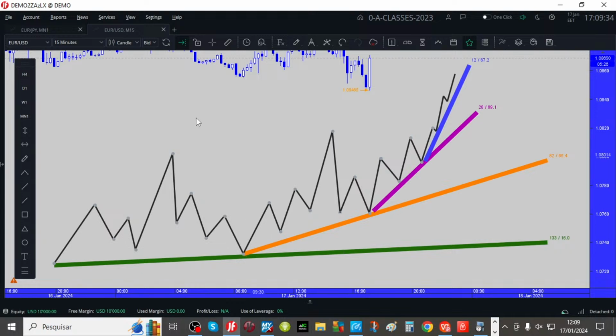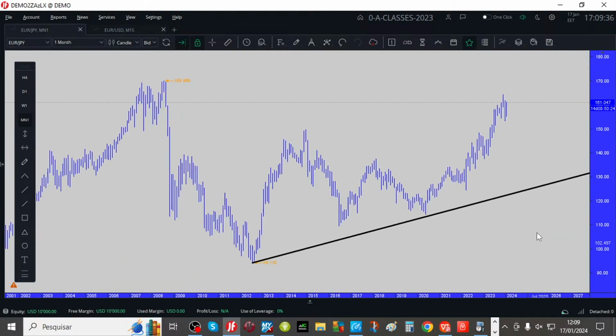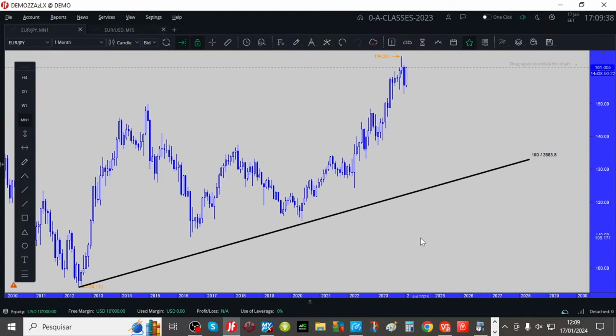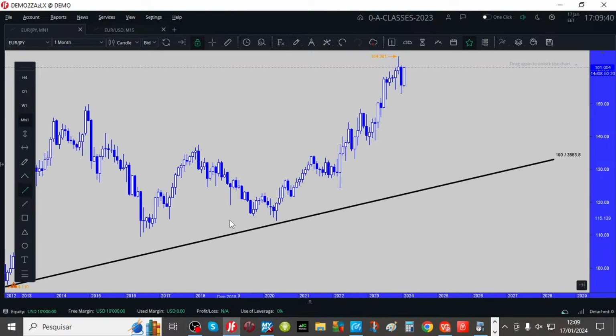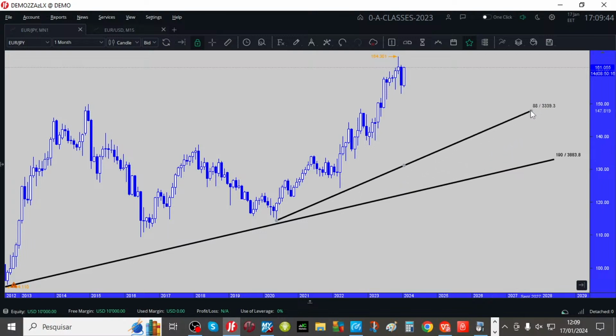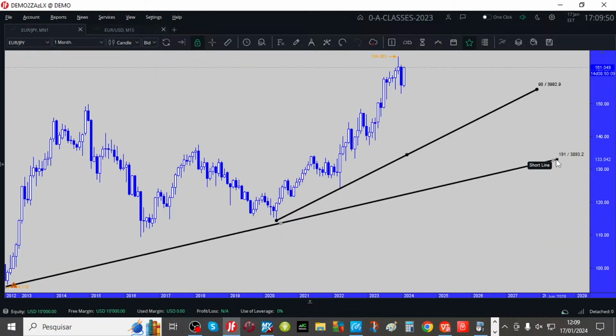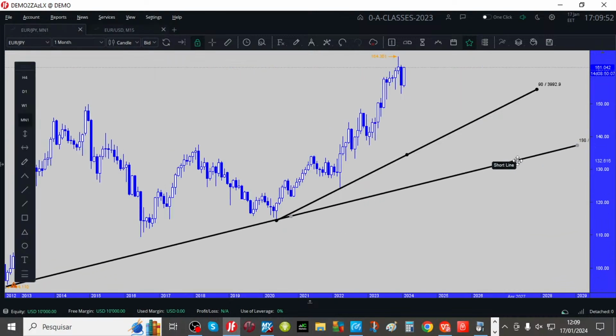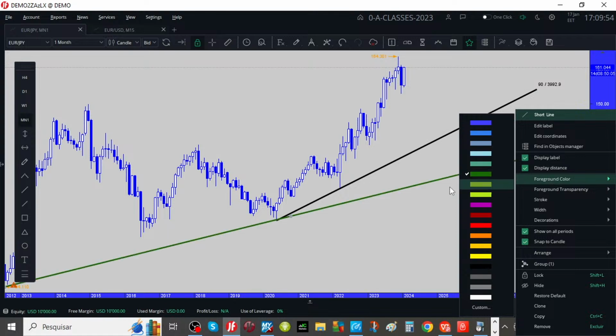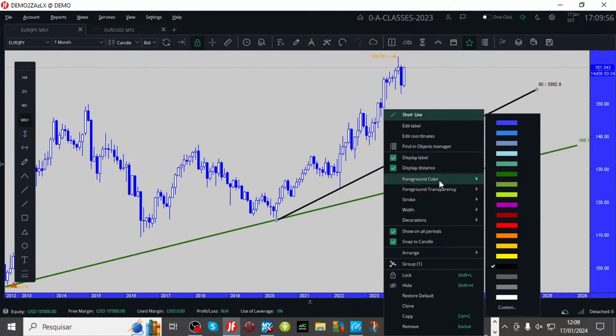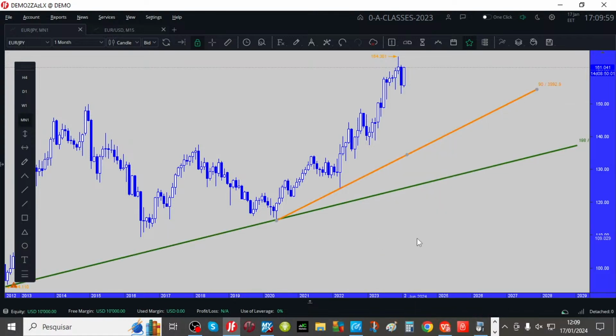Alright, now, as you can see, we have more trend lines, right? So from theory, it would be green and orange. This is going to be green, and the medium term is going to be orange, right?